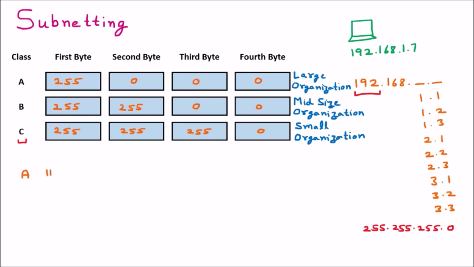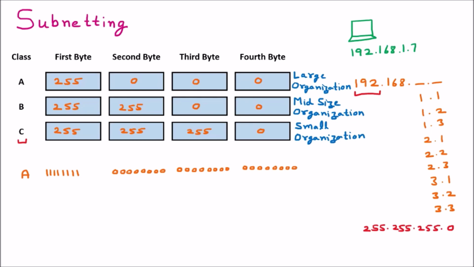So 1 1 1 1 1 1 1 1, and all the other remaining bits will be 0. So 0 0 0 0 0 0 0 0, again 0 0 0 0 0 0 0 0, and the next one also 0 0 0 0 0 0 0 0. So this is 8 times 1, then 8 times 0, and so on.